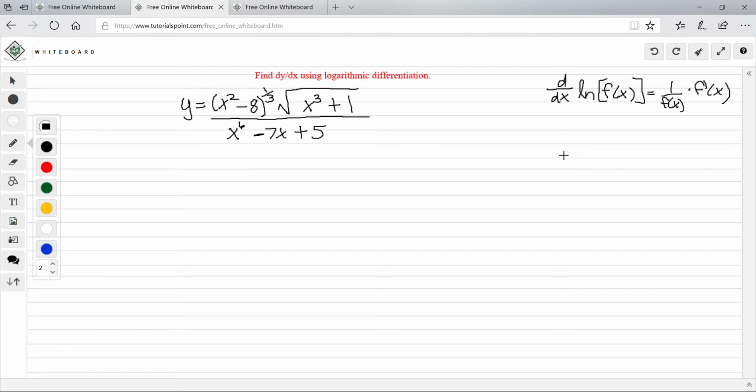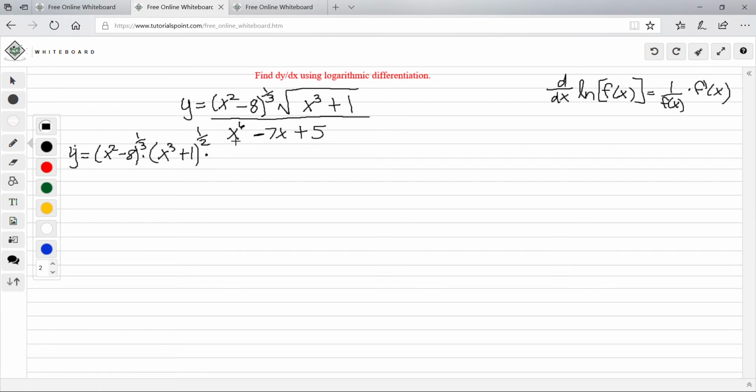What I'm going to do first is rewrite it. I could rewrite this as y equals x squared minus 8 to the 1/3, and then this one we could rewrite as times x cubed plus 1 raised to the 1/2.